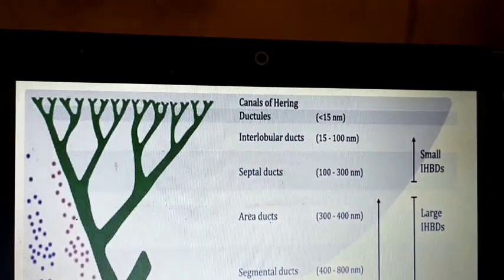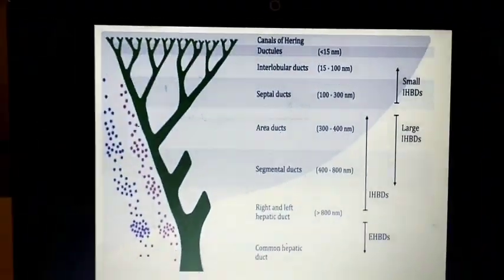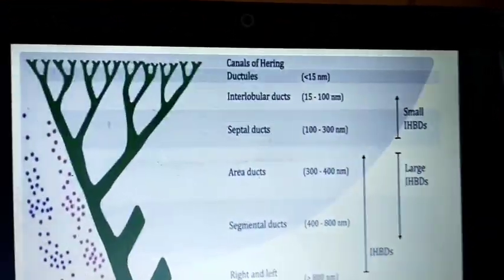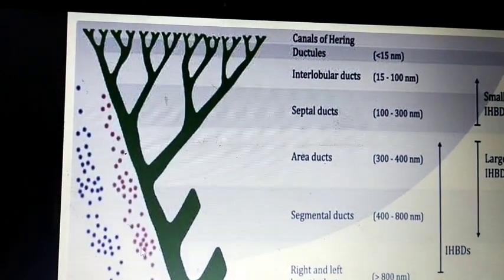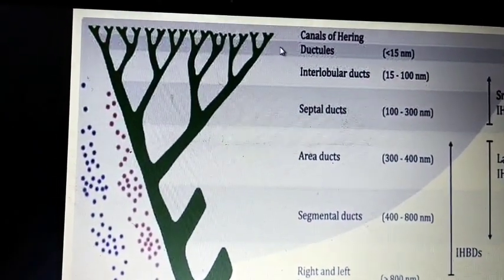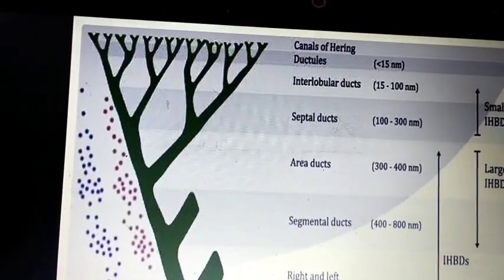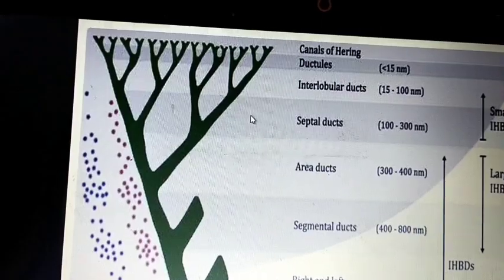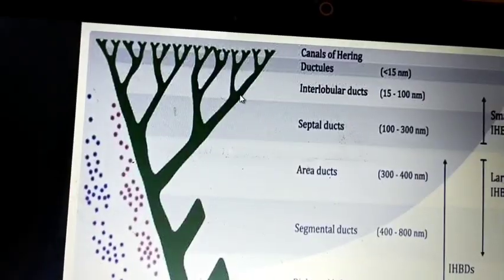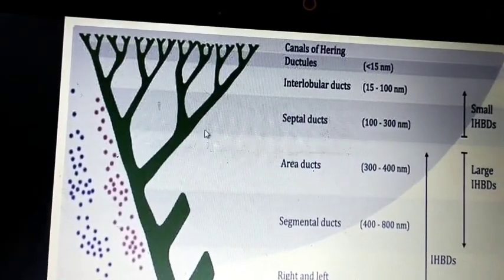You can see here this is the biliary tree, in that the intrahepatic bile ducts. First you can see the canals of Hering or ductules, which are less than 15 mm. Then the intralobular ductules, then septal ductules.